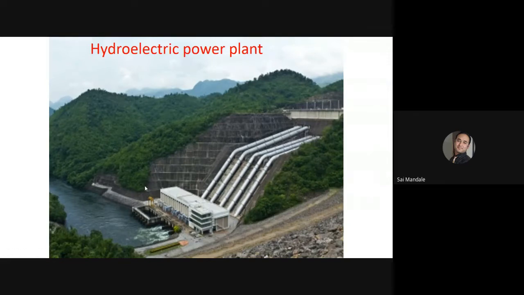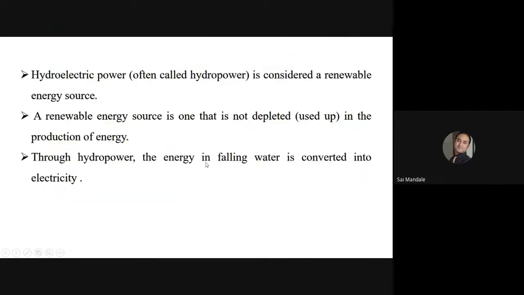So this is the Koyna Dam, where a hydroelectric power plant is located. The Koyna Dam is one of the largest dams in Maharashtra. A hydropower plant is basically a hydroelectric power plant which is run by means of water.